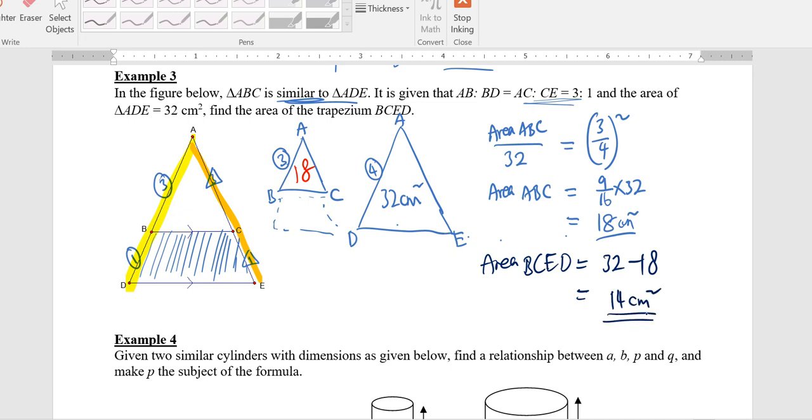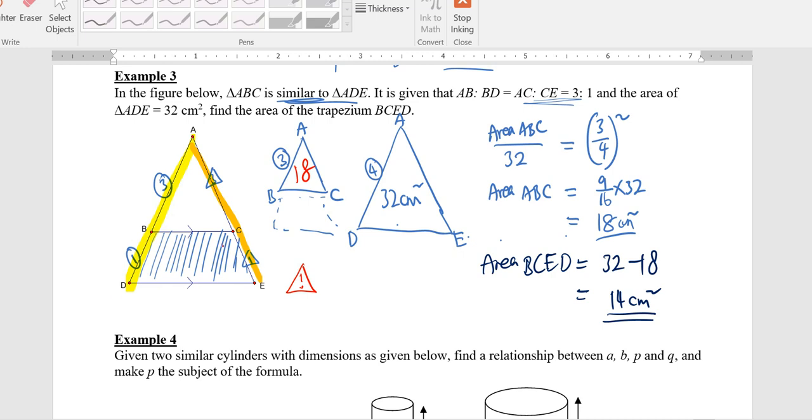So this is the final exact answer. Please note that there is a possible error that is quite common in finding the area of the trapezium.